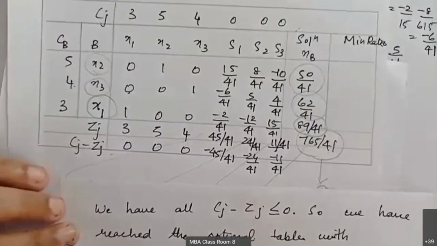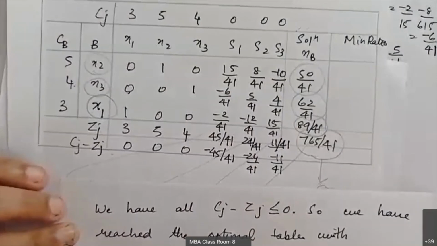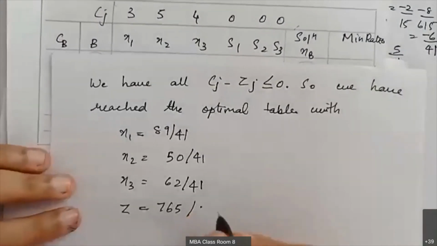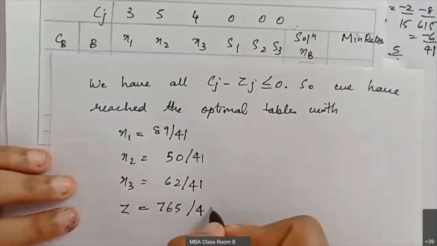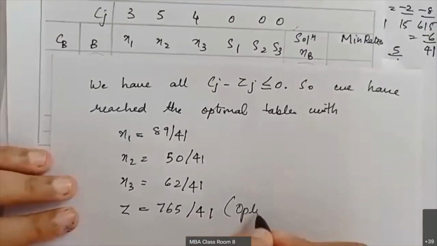Finally, the value of z is equal to 765 divided by 41. This is the optimal value of z.